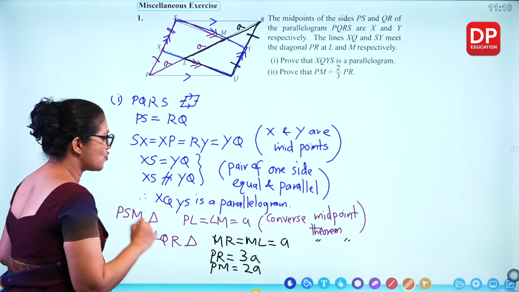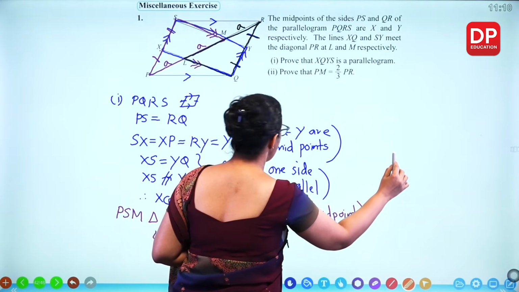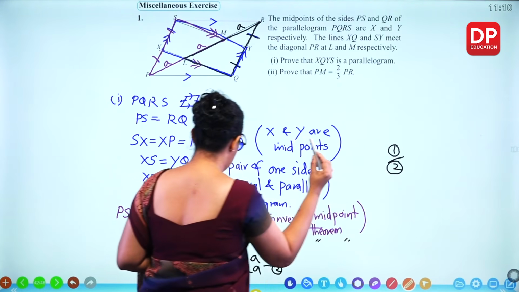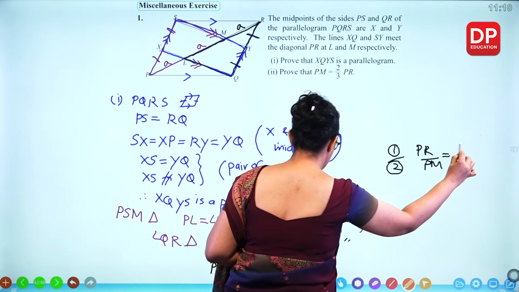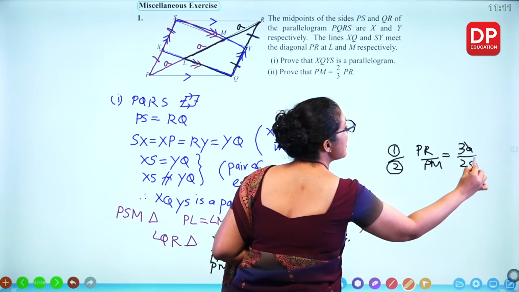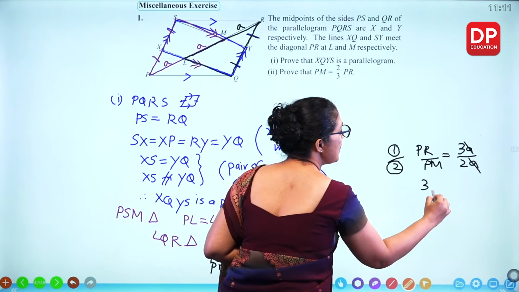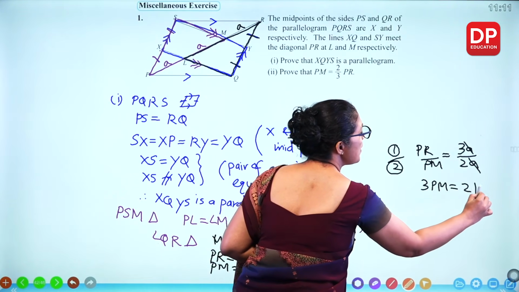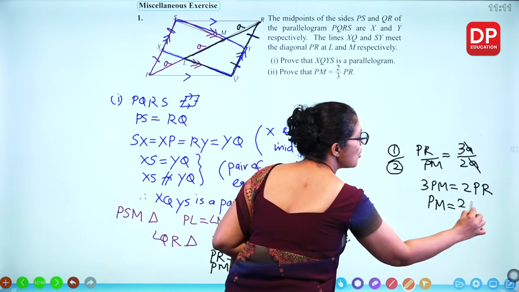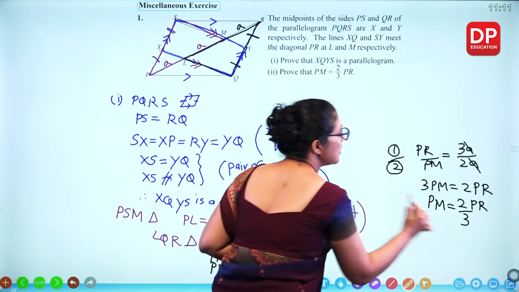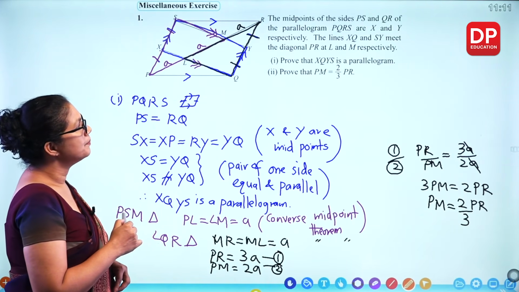Now when you divide these two, I get PR over PM equals 3A over 2A. A gets cancelled out. I need PM. Cross multiply. 3 PM is equal to 2 PR. And then what is PM? I can take 3 down. 2 PR over 3. So 2/3 PR is equal to PM.